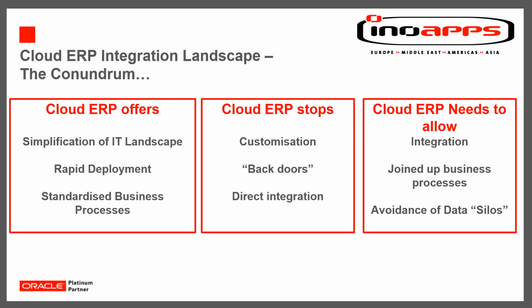So all that goes away in the cloud ERP world, but the fundamental requirements remain. You still need to deliver integration solutions in a cloud world. You still need to be able to provide joined up business solutions, and you still need to avoid data silos. Otherwise, what you're going to deliver is a step backwards from what people have at this point in time in the traditional on-premise world. So those are some of the key challenges and conundrums that cloud ERP integration presents.